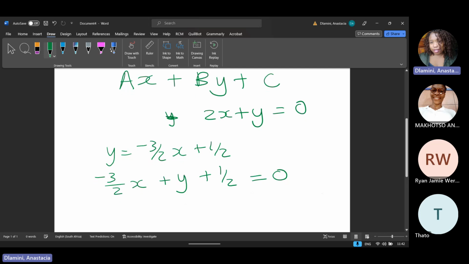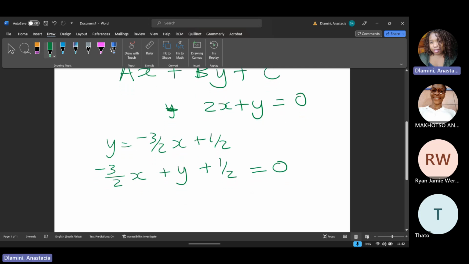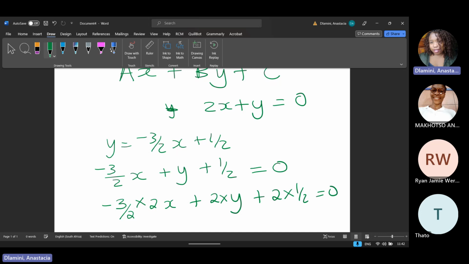This is the general equation, right? But because we want these values to not be fractions, we just multiply by 2. So this becomes -3. If we multiply by 2, this 2 cancels that 2. Plus 2 times y plus 2 times 1 over 2 equals 0.